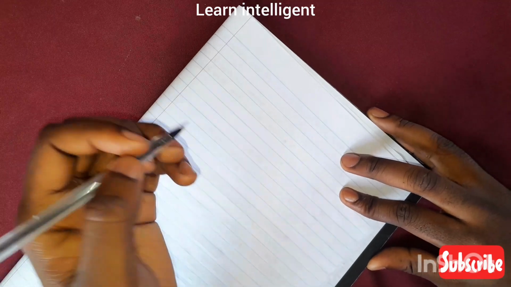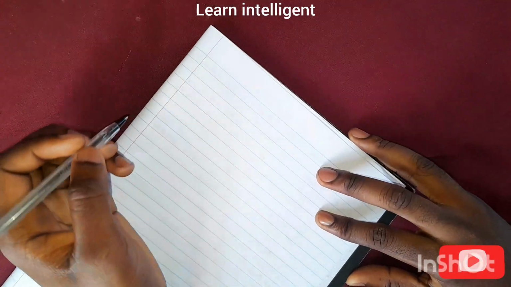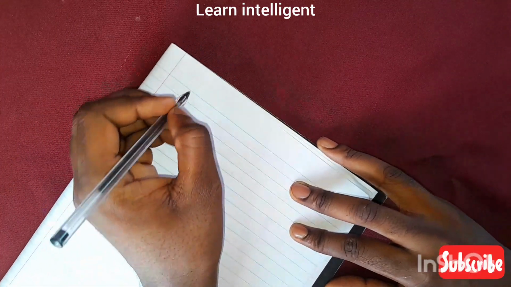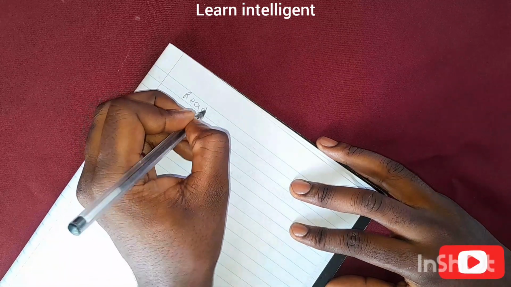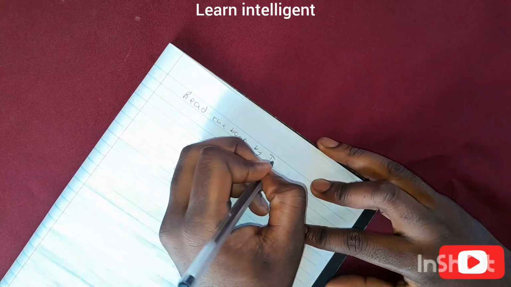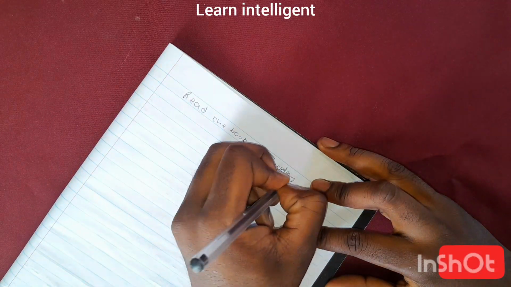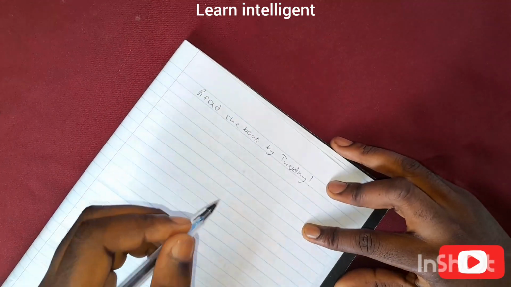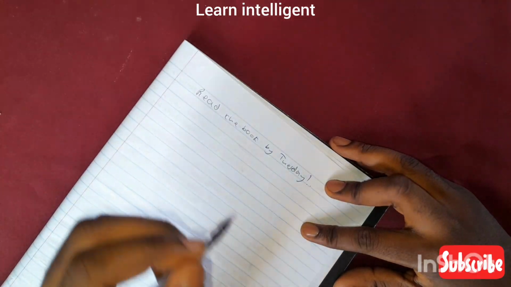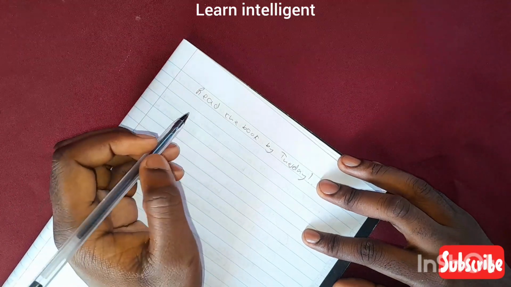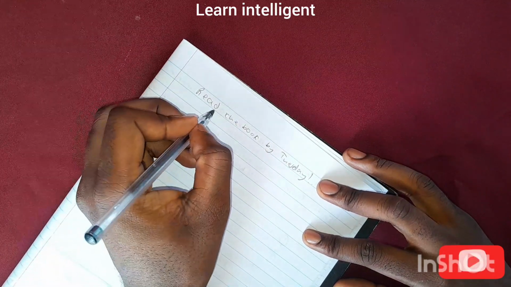Then if we are required to change a sentence that commands us to do something, for example, read the book by Tuesday. This sentence commands us to read. So first we underline the verb. Here's our verb.